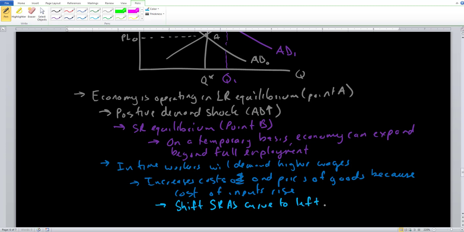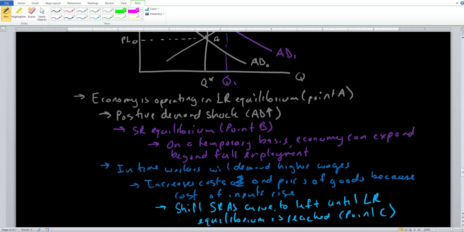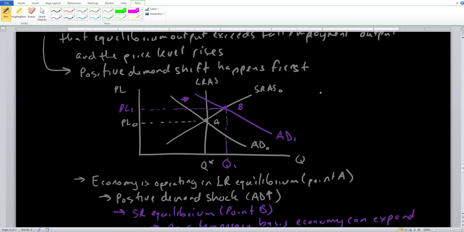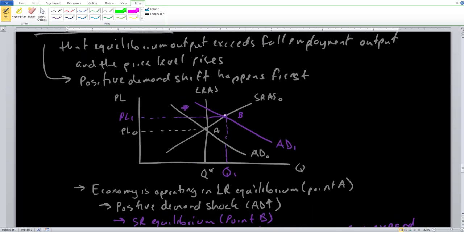We're going to keep on shifting it over to the left until long-run equilibrium is reached. So in this case, it's going to be point C, so we'll draw this out very shortly. It's going to be point C for us. So as we go from point B, where we're still in the short run, and these workers are now demanding higher wages because they notice that price levels have increased, workers are going to be granted these higher wages.